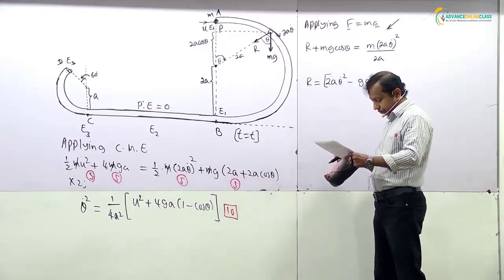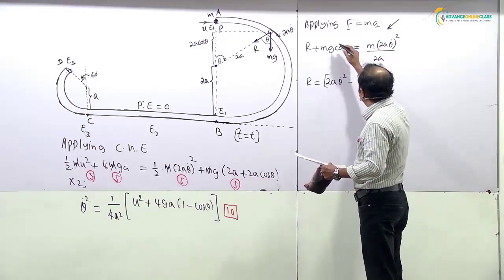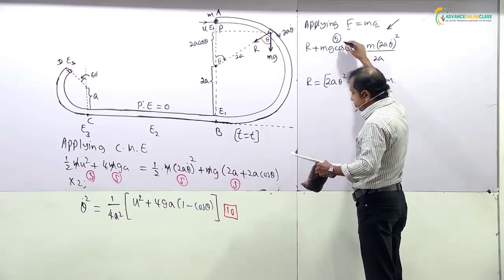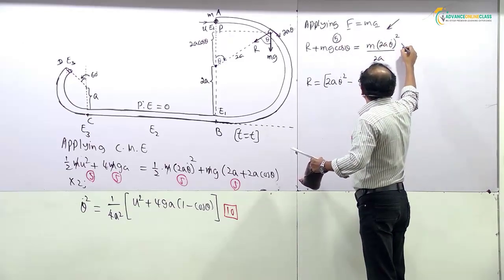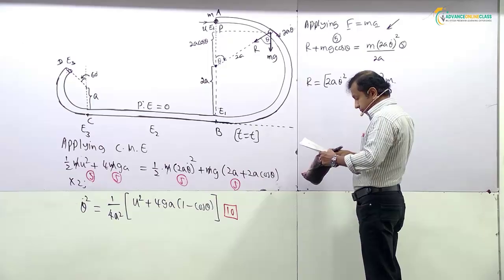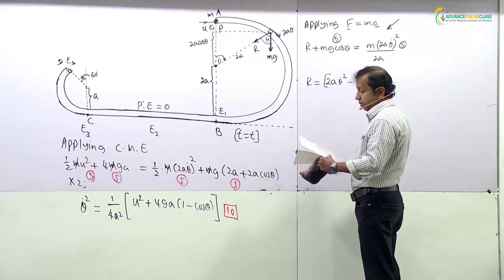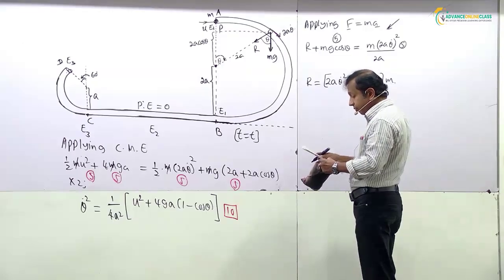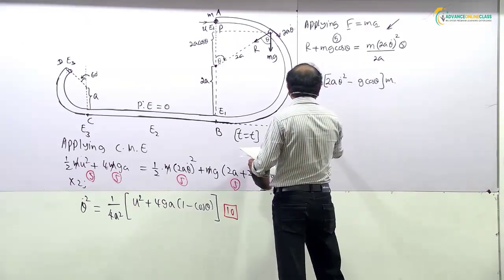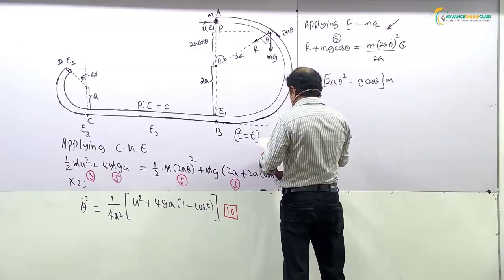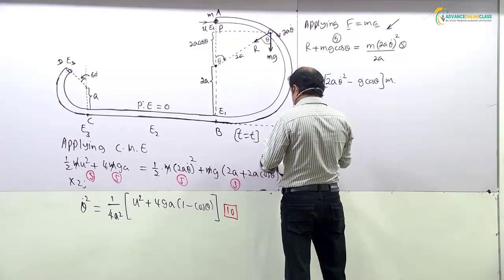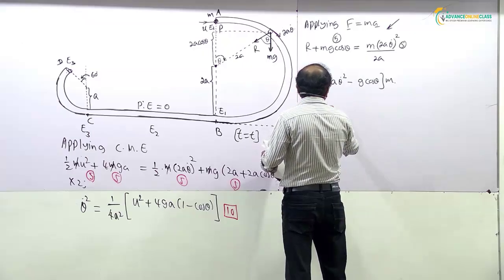Right. Then here we get 5 marks to the left-hand side, and here 5 marks to the right-hand side. Okay. Then we substitute for this theta dot squared.